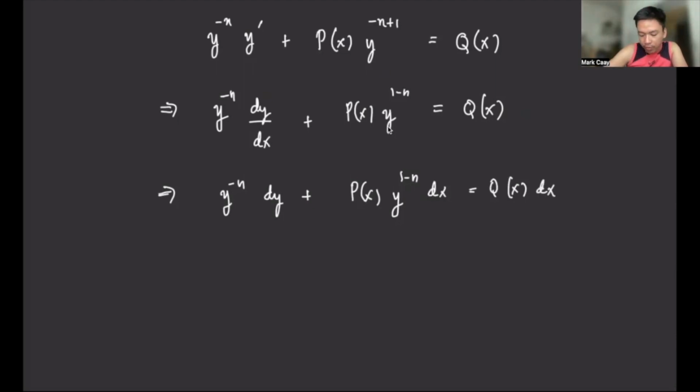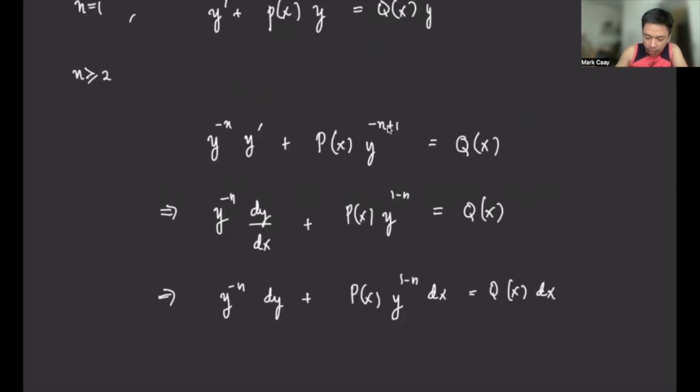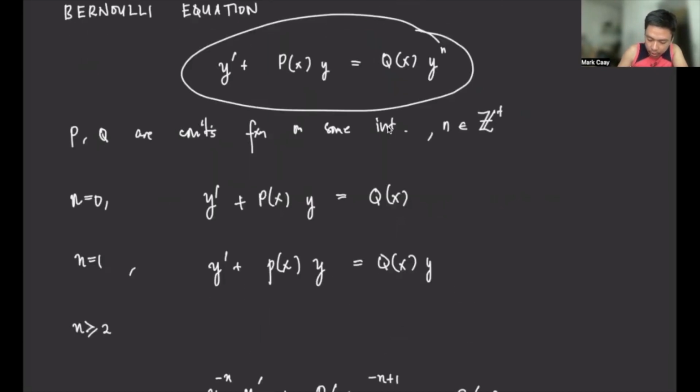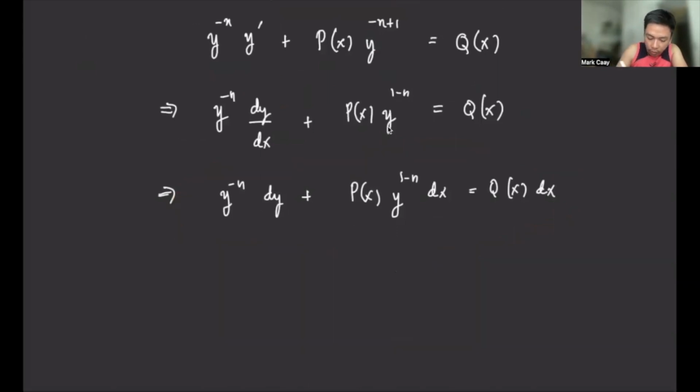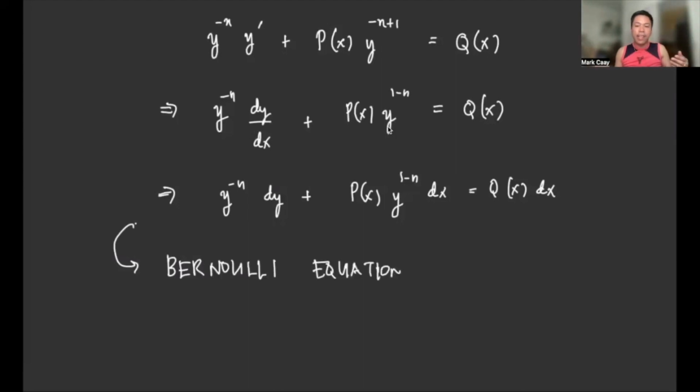So in other words, if you have these equations, either this one or this one, we are considering what we call the Bernoulli equation. This is a type of differential equation in which we're no longer talking about linear. So this is actually a nonlinear differential equation.